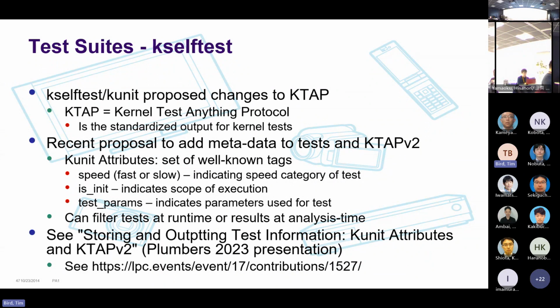There's a special version of that called KTAP for the kernel. What they want to do is establish a set of well-known tags to specify metadata for the tests, which will help in filtering tests and analyzing results. If you want to look that up, there was a Plumbers talk on that.